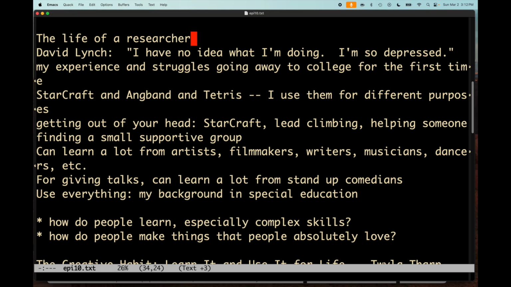You want to submit a talk proposal. For the most part, if you're working alone, no one's going to notice if you don't do those things. If you're working with a group of people, they might notice.